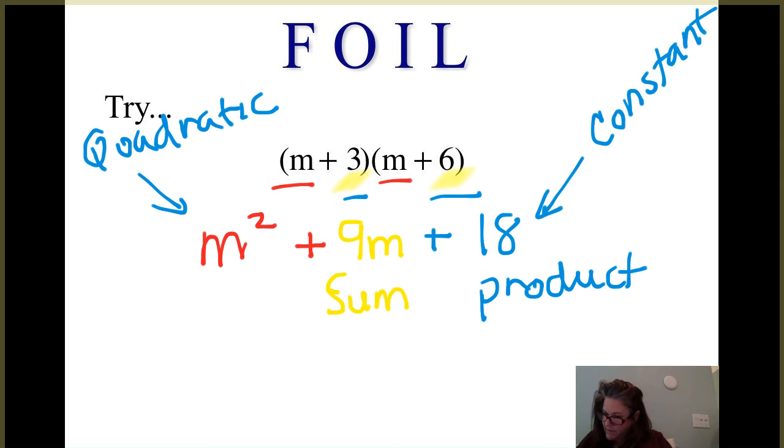And the center one is always a sum. Now the first and the middle terms both have an m. Remember, the first one will always be squared, and the middle term will always be to the first power. So see if you can maybe use that pattern to get through some of these practice problems quickly.